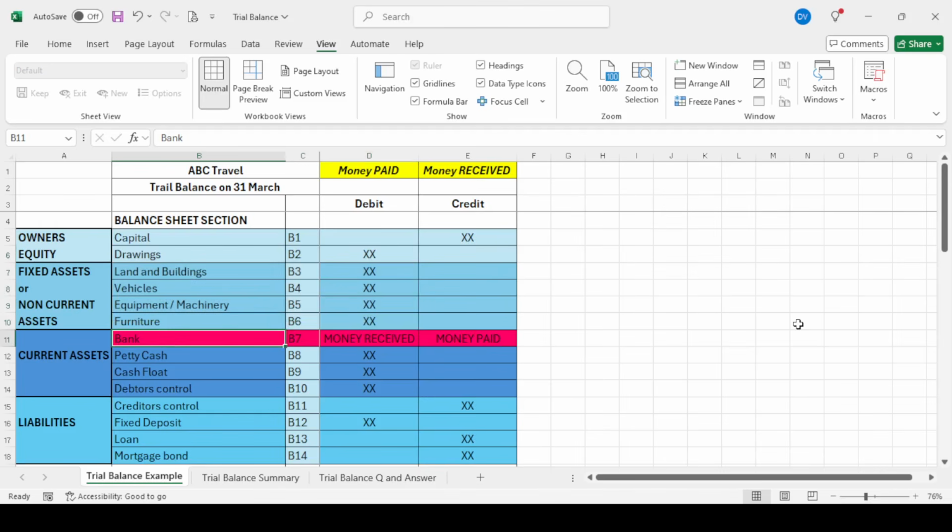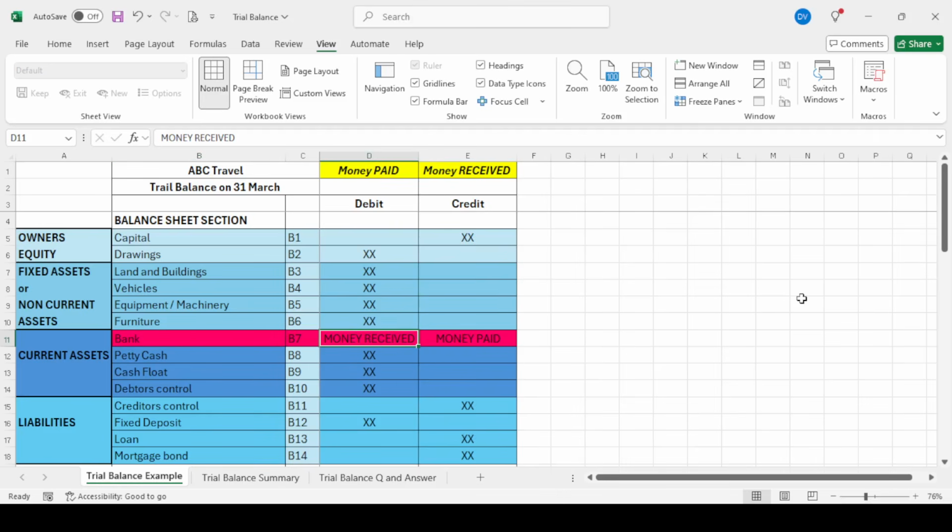Bank is the only one that doesn't have a definite side, because it's going to depend on whether the bank was positive or negative. If the bank was positive, it is money that was received, and you put that on the debit side.